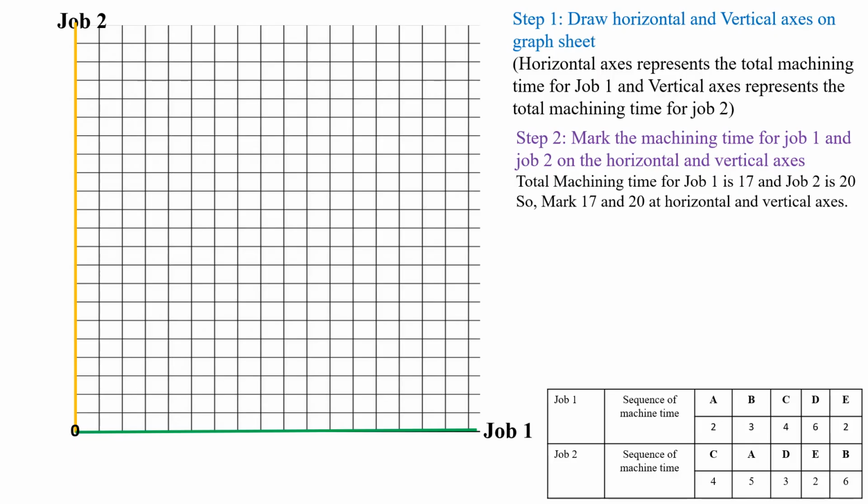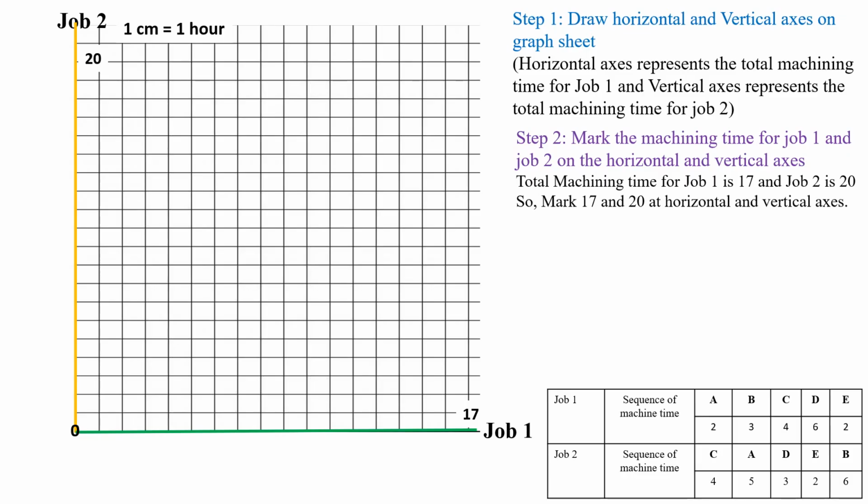And the total machining time for job 2 is 4 plus 5 plus 3 plus 2 plus 6, equal to 20. So we have to mark the total machining time 17 on the horizontal axis for job 1 and mark the total machining time 20 on the vertical axis.